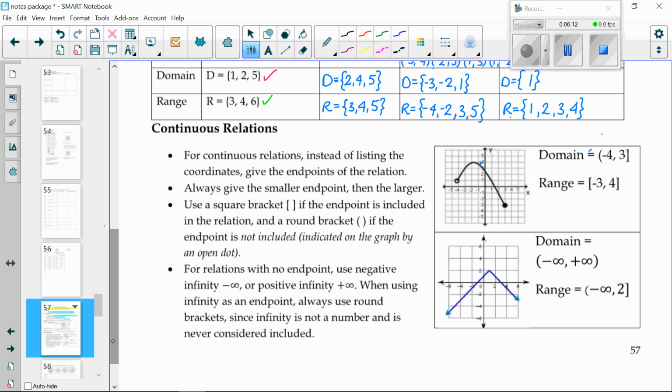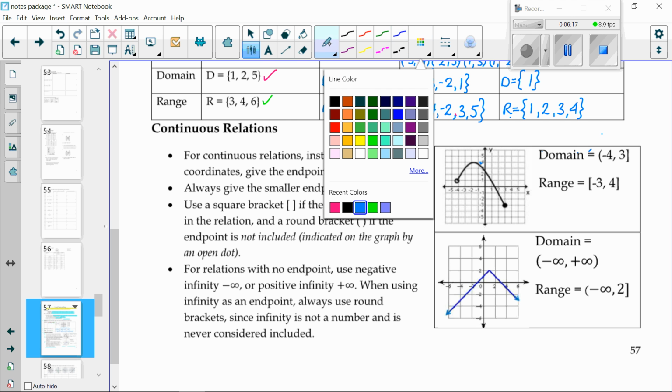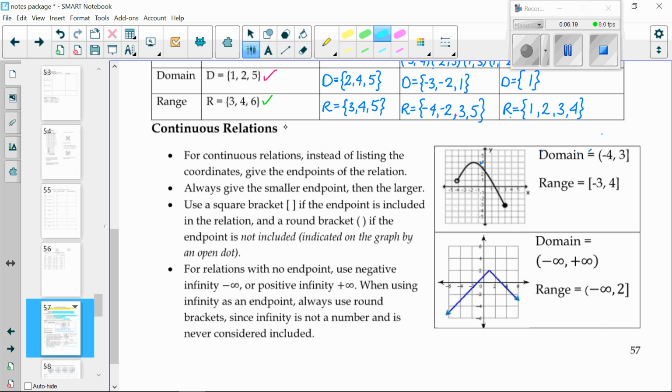So let's take a look at this example right here. Notice that this relation has an open dot and a closed dot. Now, take a look at how they wrote the domain. They wrote a round bracket for the open dot, starting at -4, and a closed, like a square bracket, for +3.